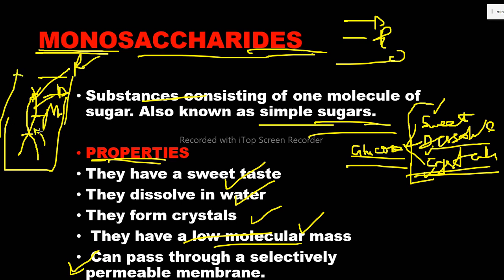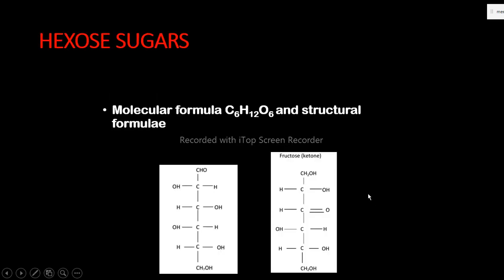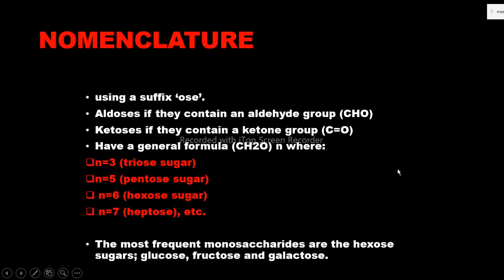Yes, water is going to enter, but also in the neighboring solution you find a monosaccharide, which implies that these monosaccharides can truly pass through the selectively permeable membrane. So basically those are the properties of monosaccharides. They are all sweet, they are crystalline, they dissolve in water, and they pass through a selectively permeable membrane.